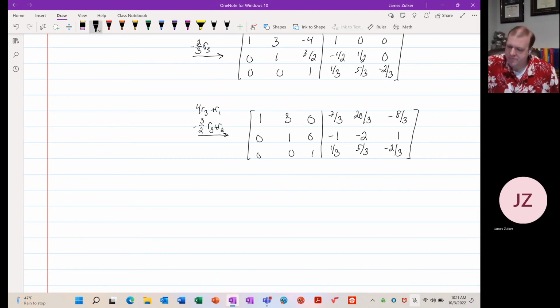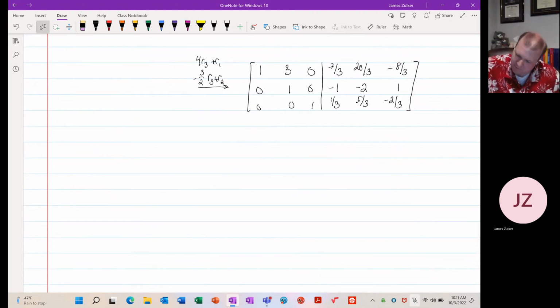Okay. Got one more thing to do. Take negative 3 row 2 and add it to row 1. And that will give this augmented matrix.